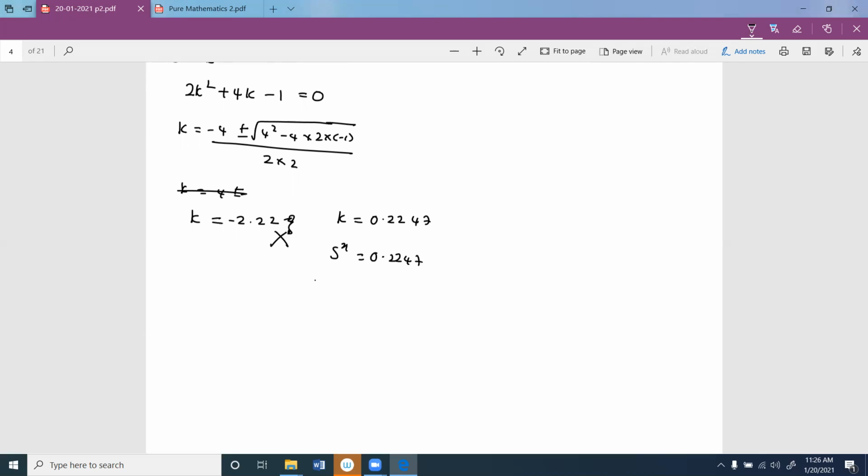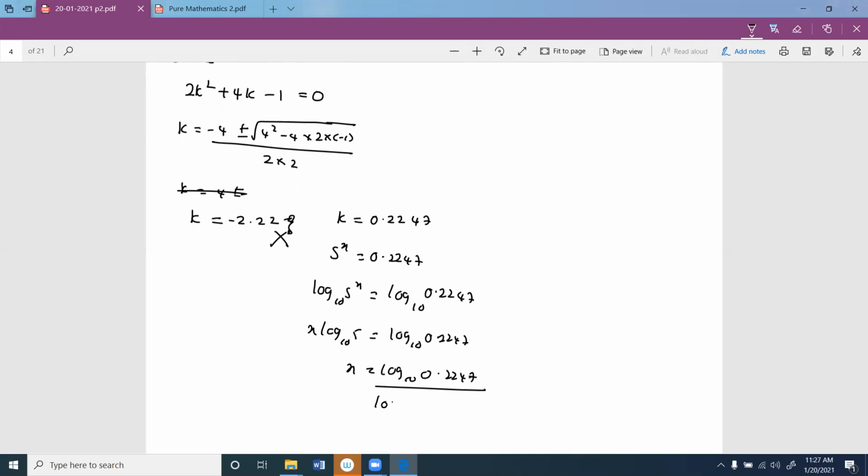Then log 10 of 3 to the power x is equal to log 10 of 0.2247. x times log 10 of 3 is equal to log 10 of 0.2247. x is equal to log 10 of 0.2247 divided by log 10 of 3. Then we'll just work out and see.